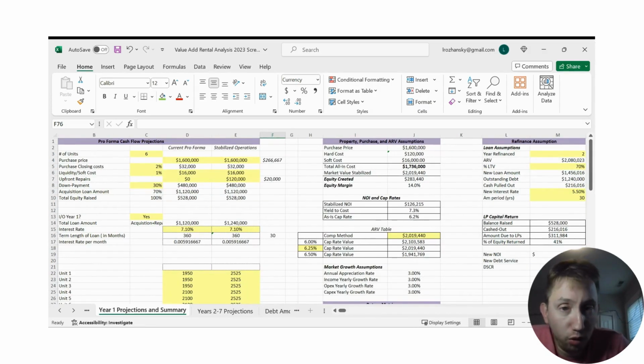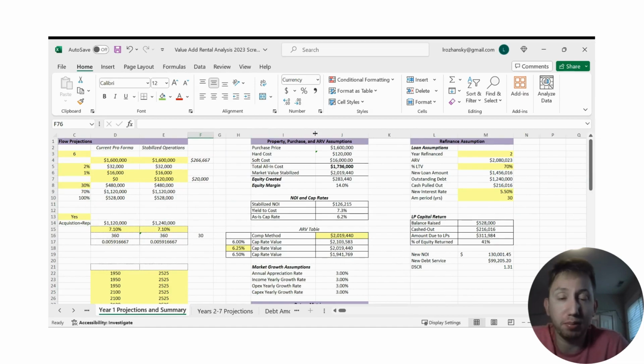Now let's move over to property purchase and ARV assumptions. Here we want to know, especially if we're going to do construction work, if we've created equity. So you can see we take our purchase price, which it pulls right from our assumptions. We take our hard construction cost, which again gets pulled from over here. Our soft cost also gets pulled in.